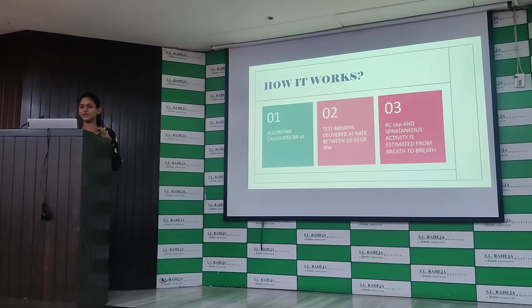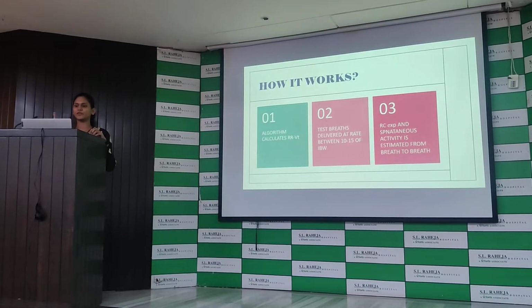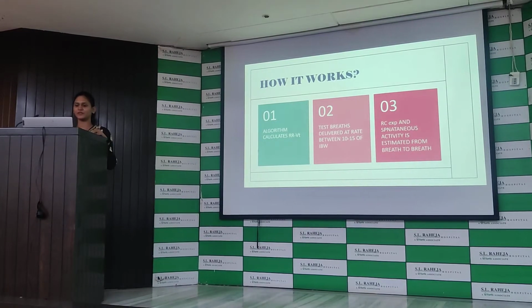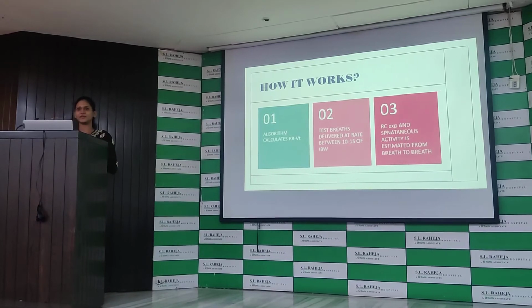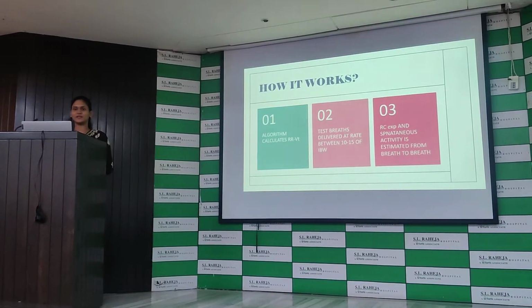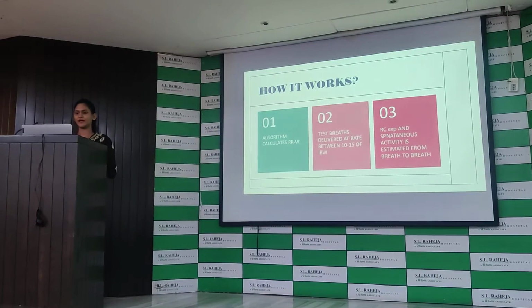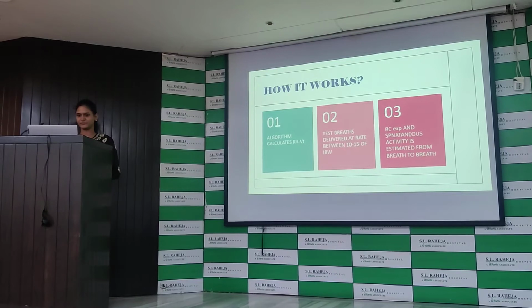Now how it works: it will use its algorithm to calculate the respiratory rate and tidal volume. Then it gives a test breath of between 10 to 15 ml per kg of the ideal body weight at a rate of between 10 to 15. And it will see the respiratory mechanics, the resistance and the compliance, to calculate the RC expiration, and spontaneous activity is estimated from breath to breath of the patient.